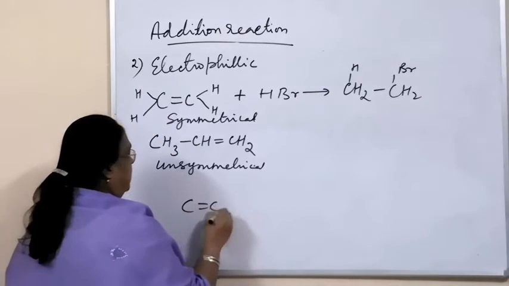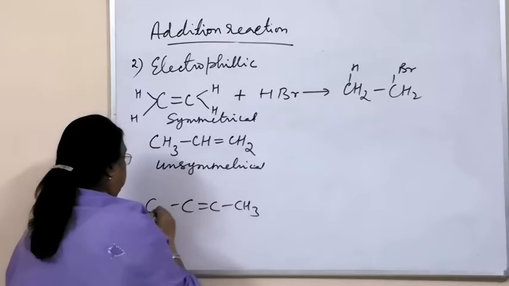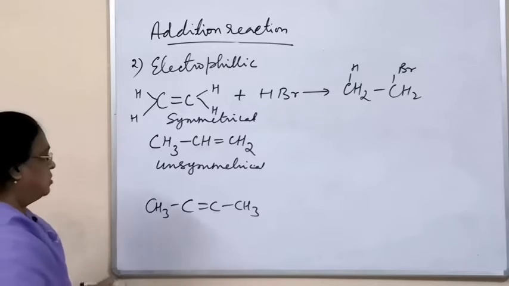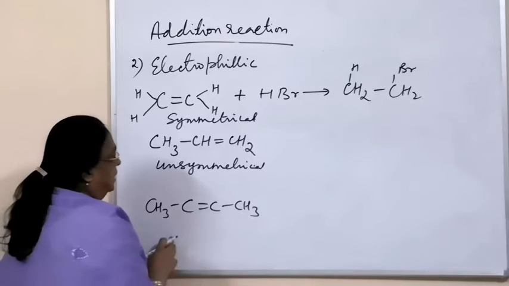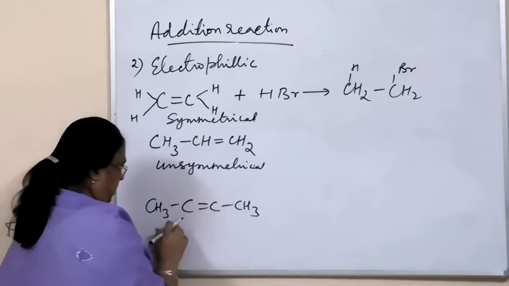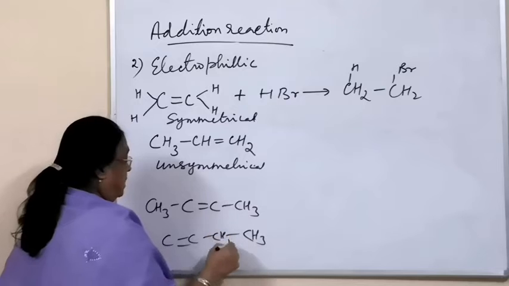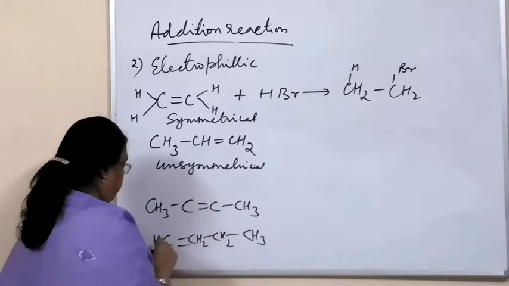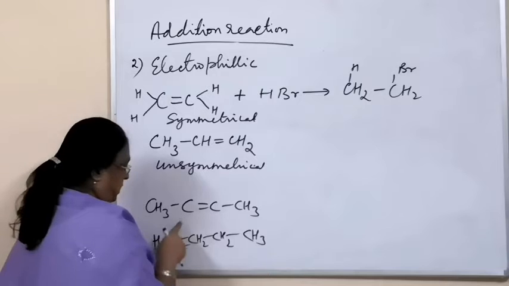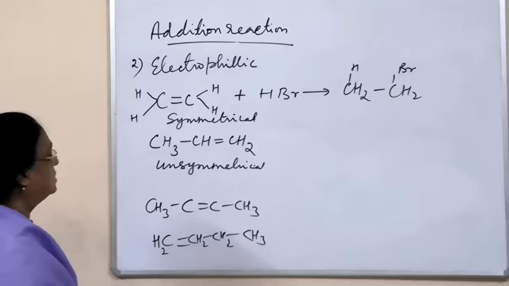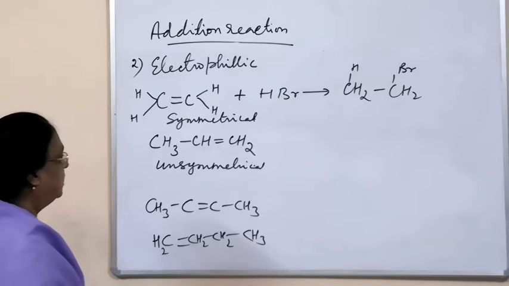If you take this example, this is also a symmetrical alkene. This is butene-2 and it is symmetrical, and this is unsymmetrical, 1, 2, 3, 4. This could also be unsymmetrical. So butene-2 is symmetrical, butene-1 is unsymmetrical. We'll study two cases: when the substrate alkene is symmetrical, and the second case when the substrate is unsymmetrical.